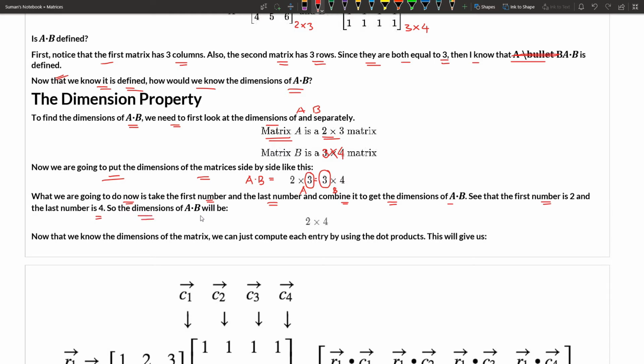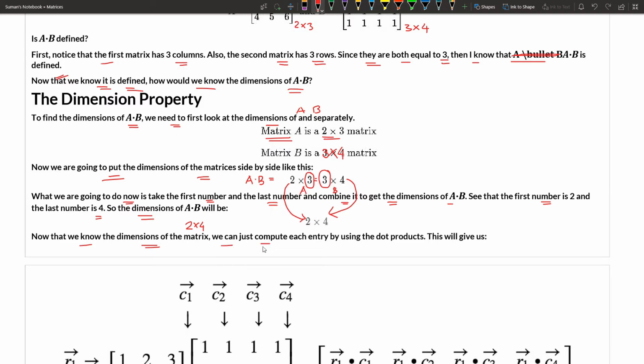So the dimensions of A dot B would be like that. 2 is the row of the first matrix and 4 is the column of the second matrix. So the resultant matrix A dot B must be 2 cross 4.